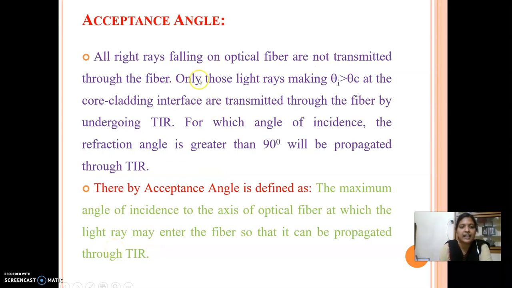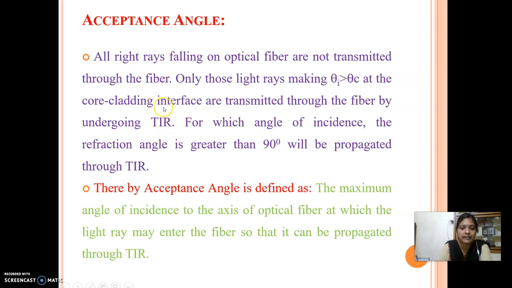The next term is acceptance angle. When a light ray enters the optical fiber, not all light rays will undergo the TIR condition. Only those light rays for which theta is greater than theta c, that is, the angle of incidence is greater than the critical angle at the core-cladding interface, undergo total internal reflection.